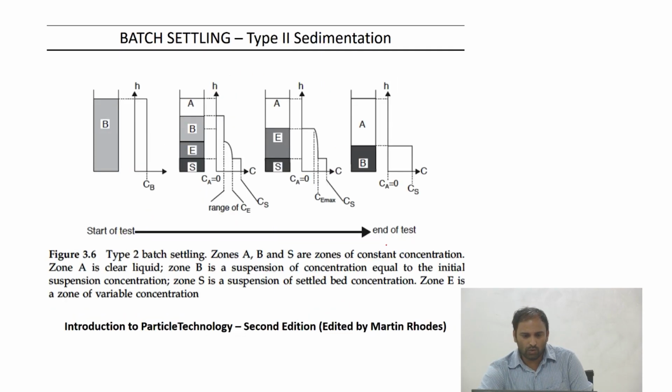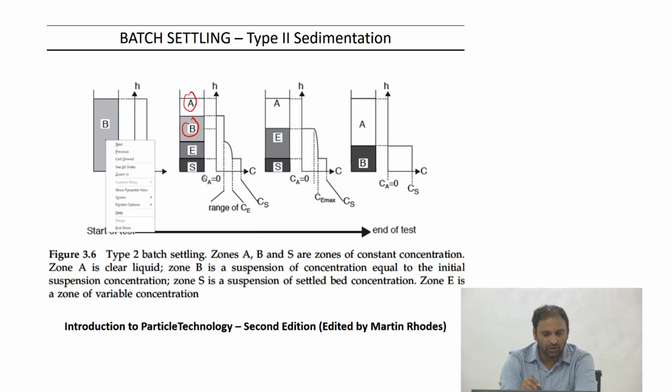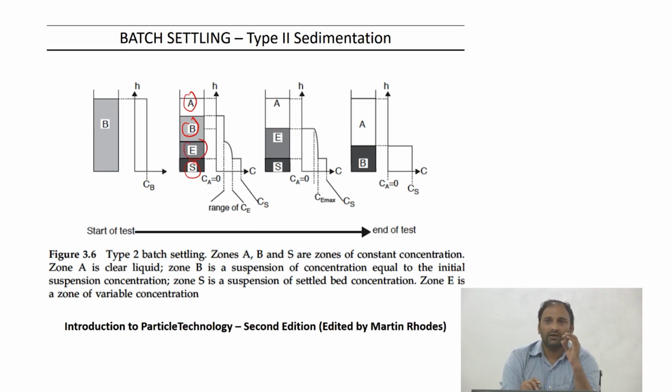Now, this is another experiment where what people do is similar to the previous case. You have zone A, the clear fluid, zone B, where the concentration is the same as the initial concentration. You of course have the sediment at the bottom. There's a zone E where concentration fluctuations may happen.